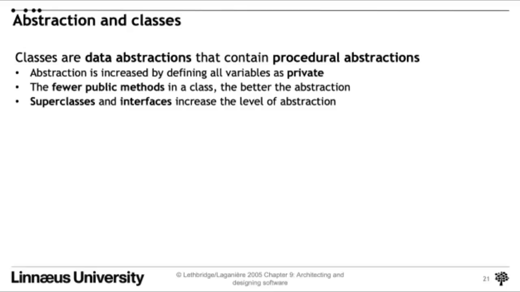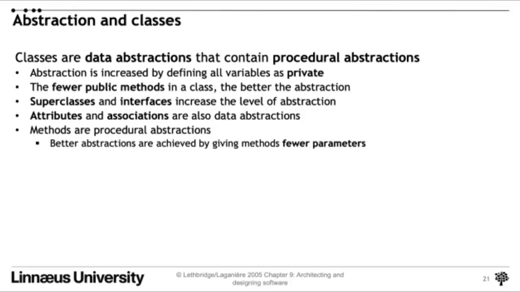Then having superclasses and interfaces increases the level of abstraction. You can reuse subclasses to make a more defined and refined version of your class. And the interface, as I said before, is very important. Remember that attributes and associations are also data abstraction, so keep using them. Methods are procedural abstraction.